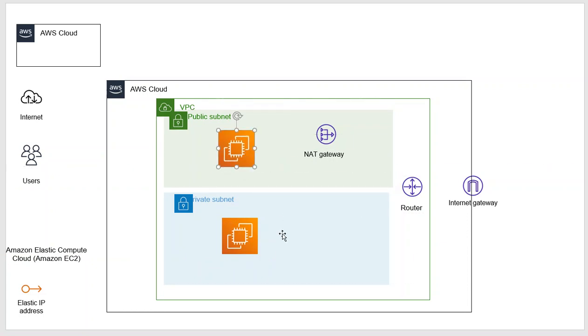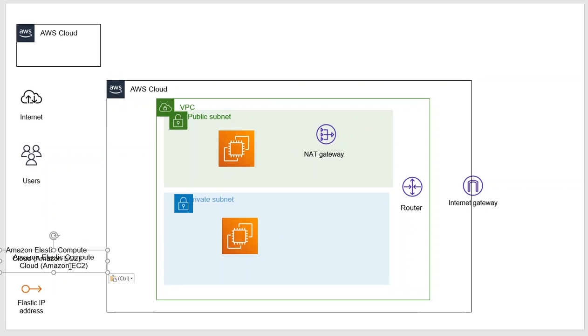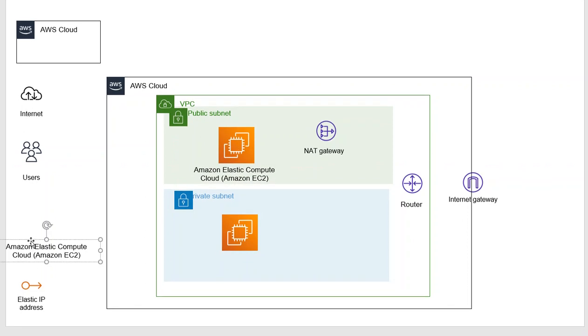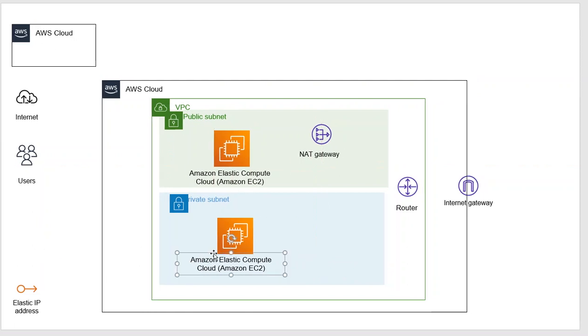Okay, so we have a private subnet with one EC2 instance, and a public subnet with an EC2 instance. So this is an EC2 instance, and this is one more EC2 instance.